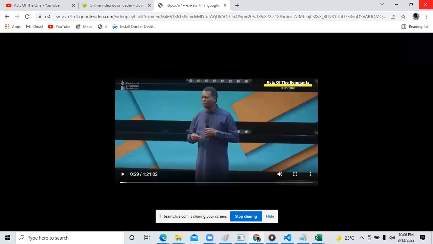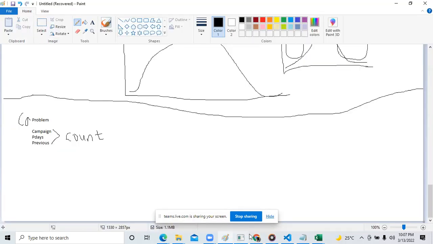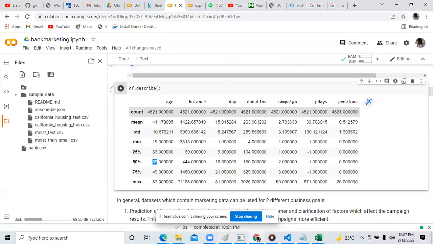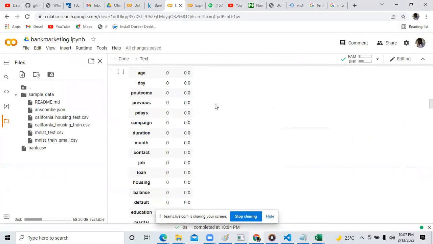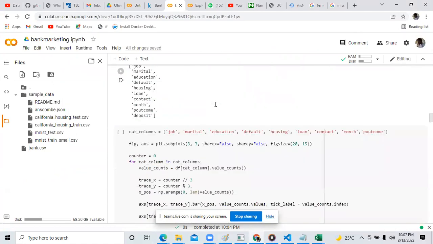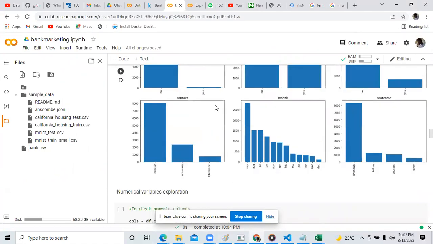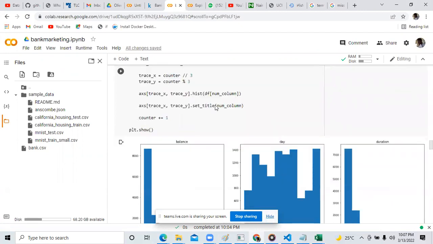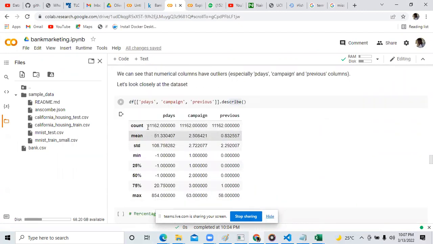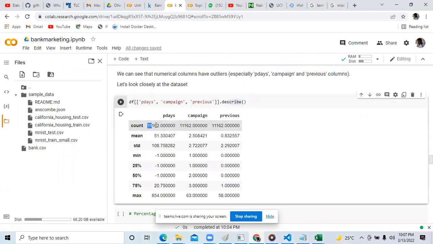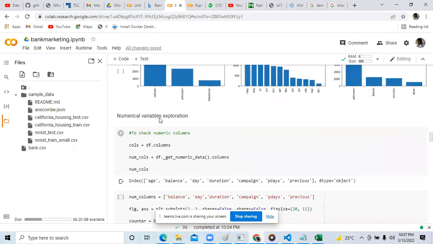So you look at the counts. The count is balanced. So let me go back to my original code. Actually, how is the count balanced? Yes, because this count, 11,162, is the number of rows now.